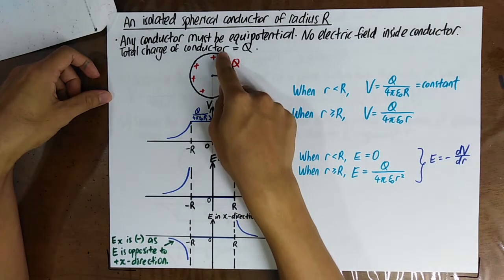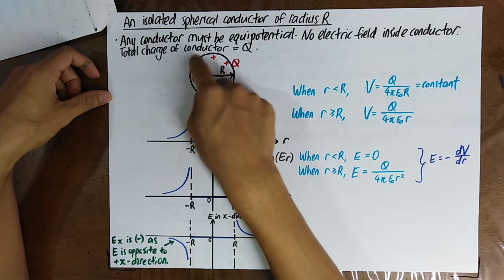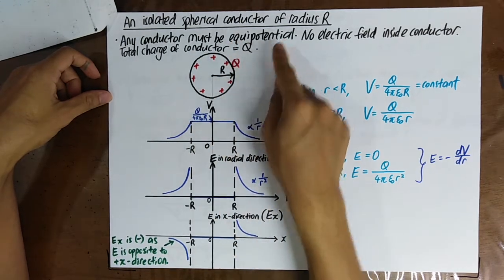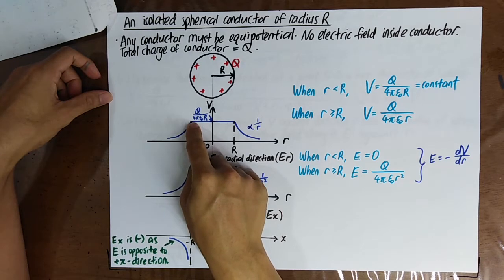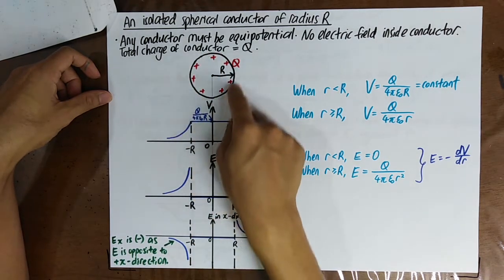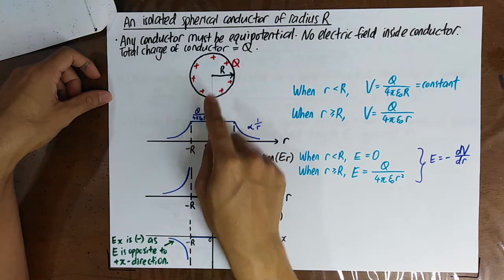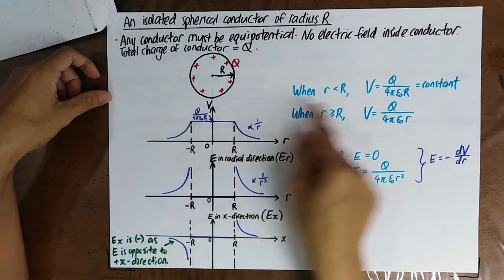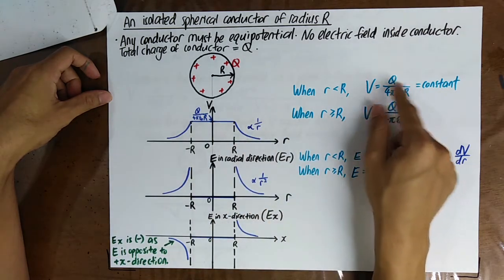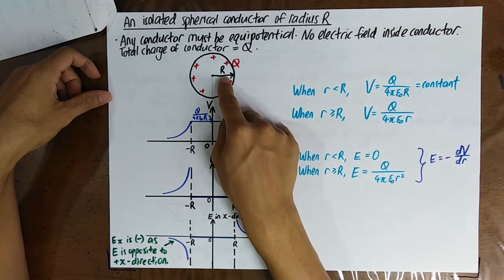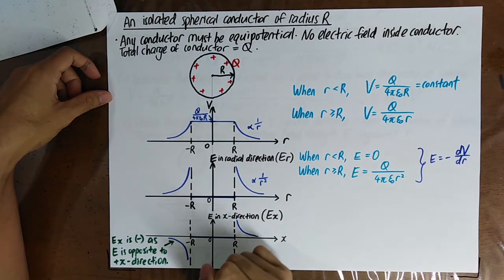So let's say now you are given an isolated spherical conductor. You know that it is equipotential. That means the potential is constant throughout the volume of the spherical conductor. And then the potential is given by Q over 4 pi epsilon naught R, where R is the radius of the conductor.